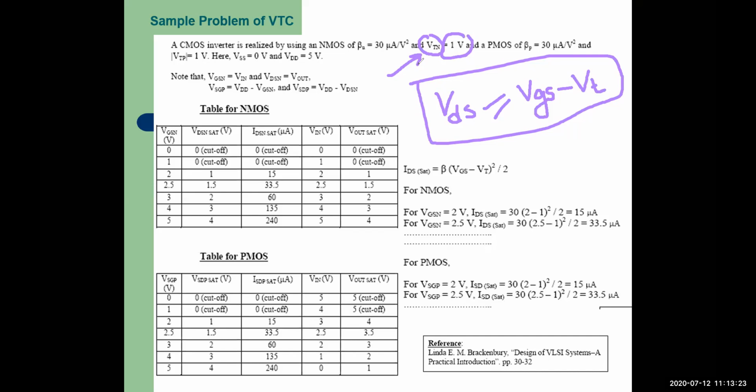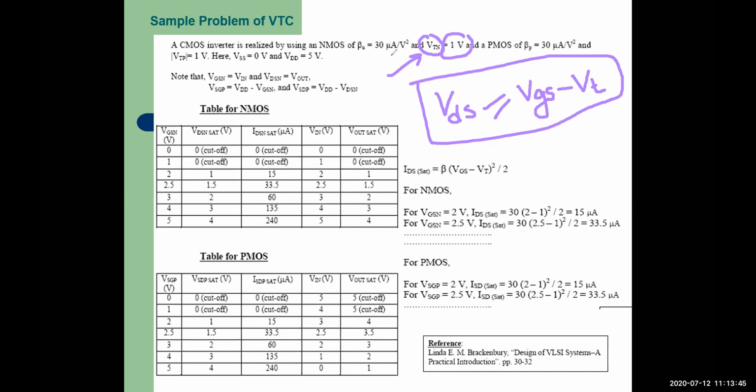If you have 0 taka and you spend 10 taka, how much money do you have? Minus 10? No, not possible, because if you have 0 taka, you cannot spend 10 taka. So your VGS is the money you have, VTN is the money you spend, and VDS is the money you are remaining with.